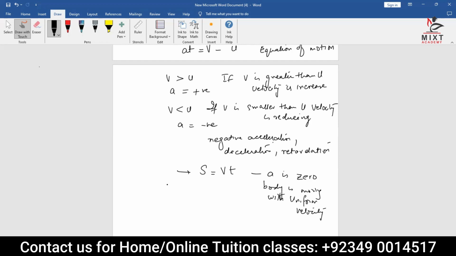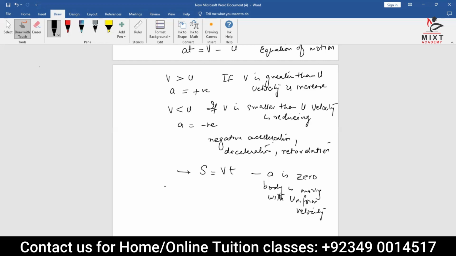Now we are actually deriving a few equations for when acceleration is there. I want you to start the derivation. Put a heading, Derivation, and we will start deriving. Let an object move with an initial velocity u.